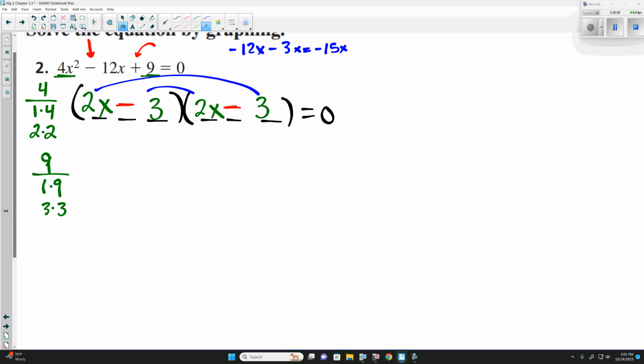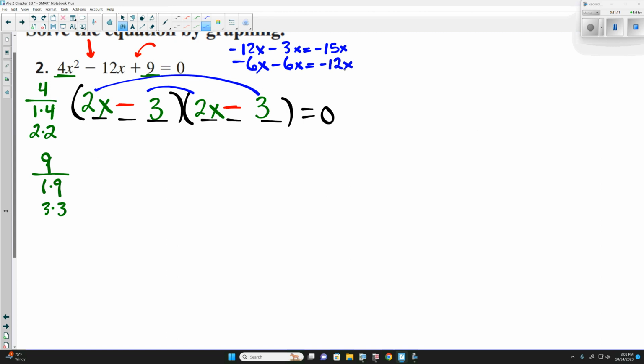If we check this again, 2 times negative 3x is negative 6x. Negative 3 times 2x is negative 6x, which gives us negative 12x. So this does have a solution because we're able to factor it.